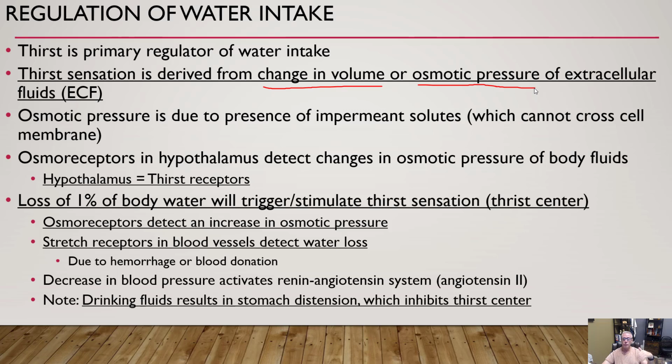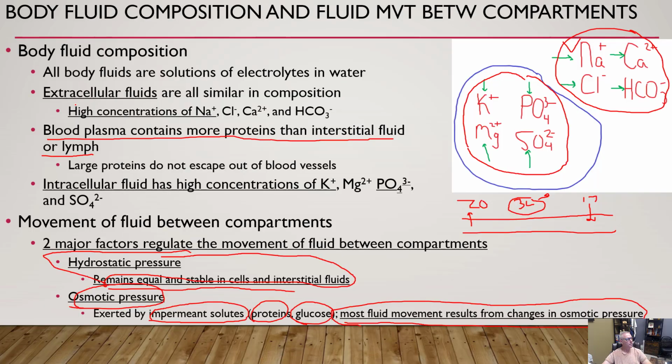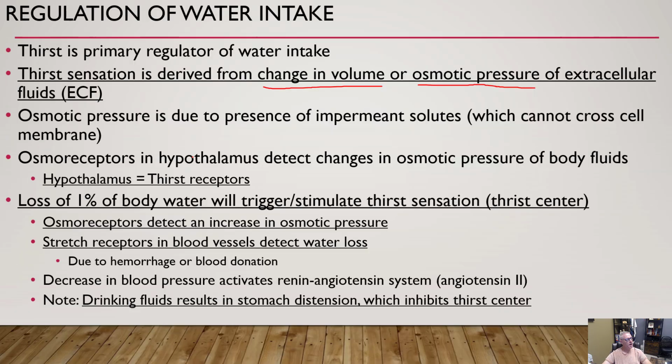And that osmotic pressure is the driving force that we learned way back up here in this slide. So the osmotic pressure is the driving force for fluid movement. So our thirst sensation is derived from either a change in volume, like blood volume, or in osmotic pressure changes from that extracellular fluid compartment.